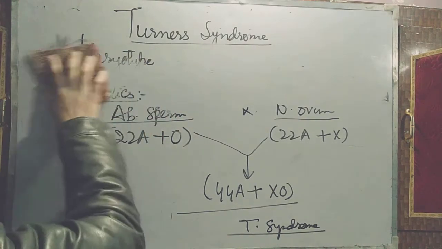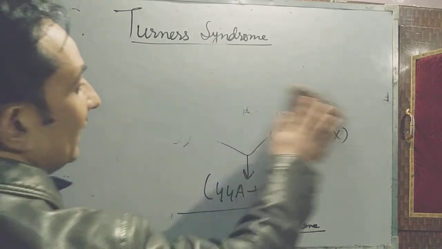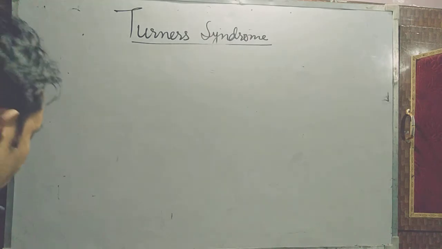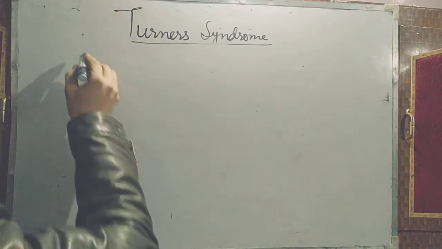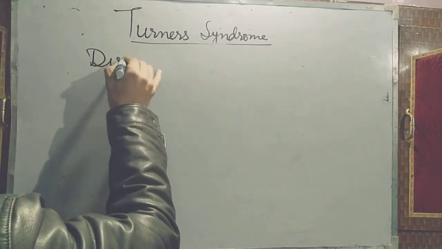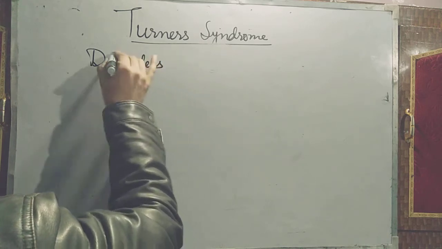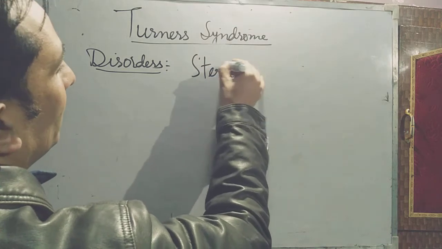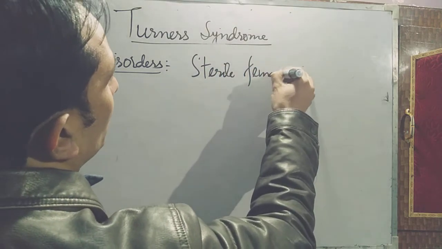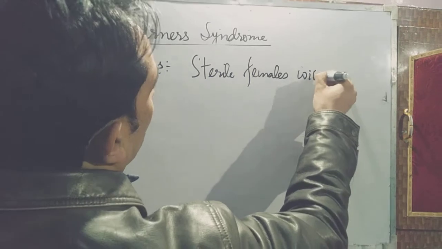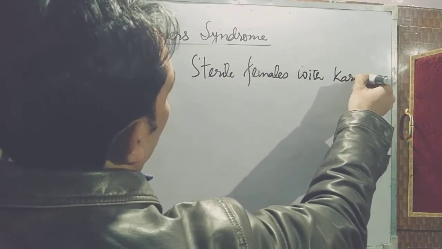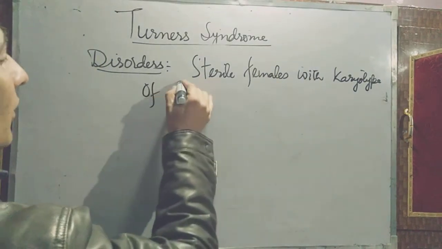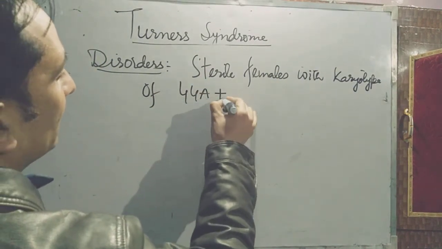Now let's move on towards understanding the disorders in these individuals, that is Turner syndrome individuals. The first thing is that they are sterile females, that they are not able to produce offsprings, with karyotype of 44A plus X0.